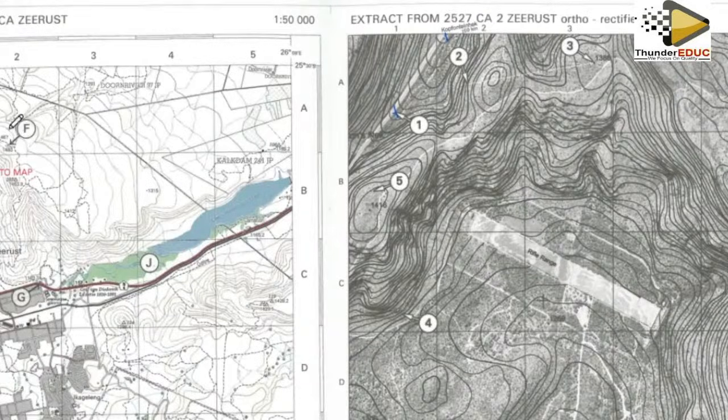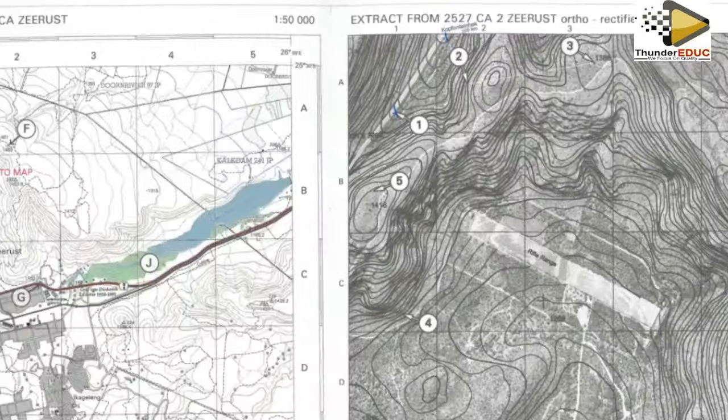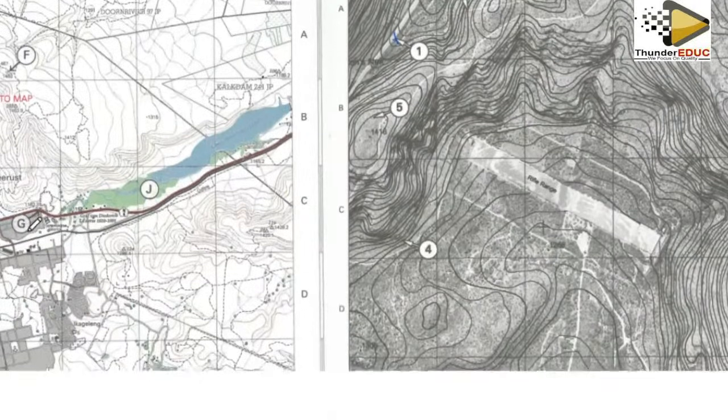F is here, and the height at F is indicated there, which is 1463 meters. The question says to the benchmark, and what is the height of the benchmark? They say the block is C2 at G. When you check G here is C2, so the area is here.